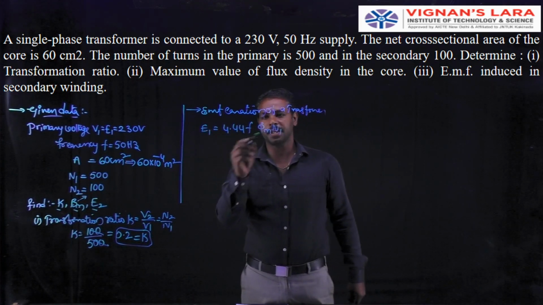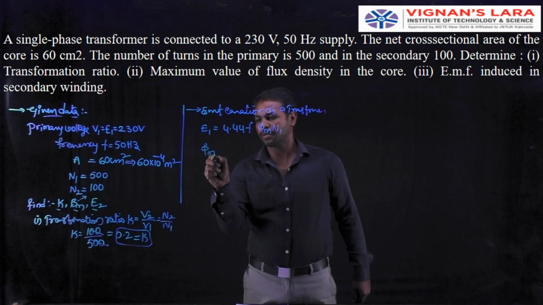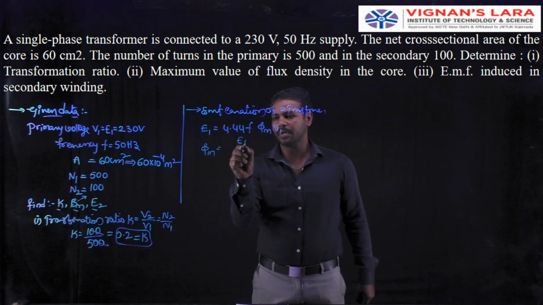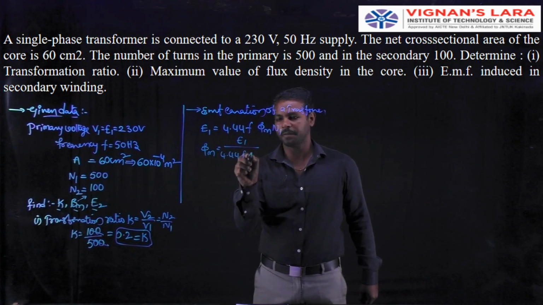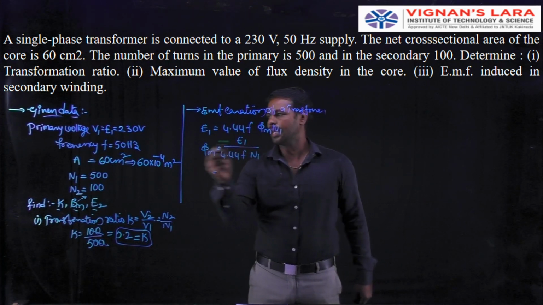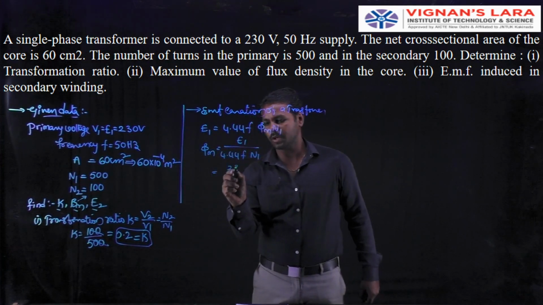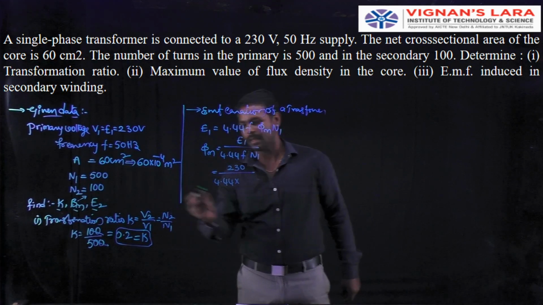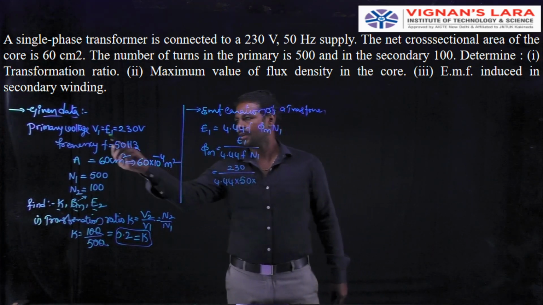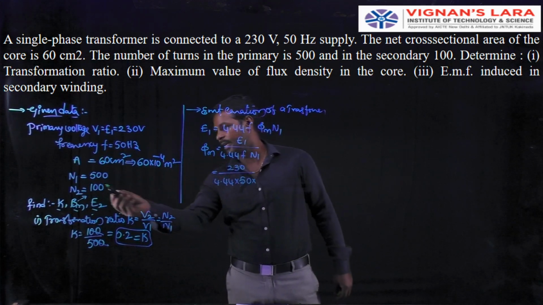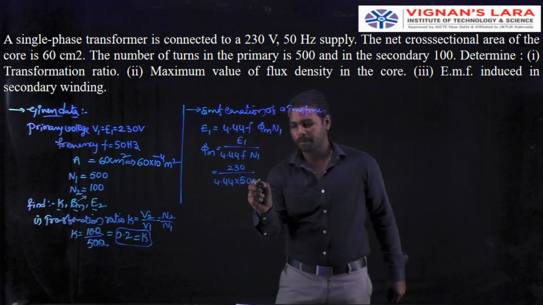So by this equation phi m is equal to E1 divided by 4.44 into F into N1. So E1 is equal to 230 volts divided by 4.44 into, frequency of supply is equal to 50 Hz multiplied with N1. N1 is equal to number of primary turns is equal to 500.